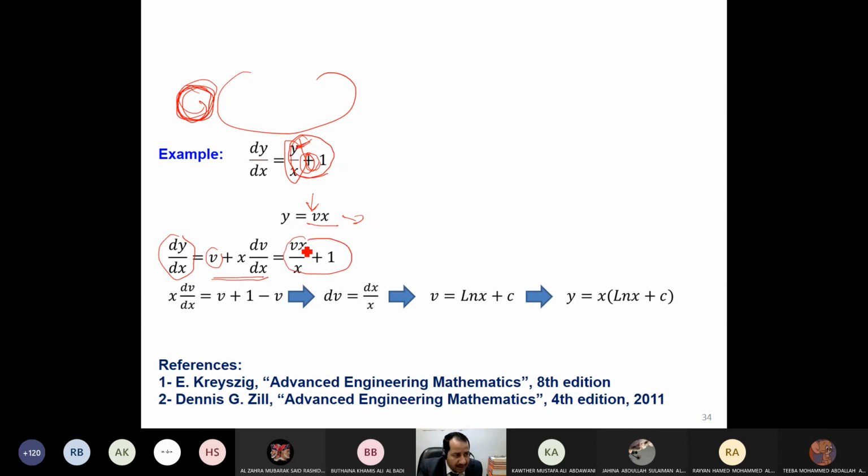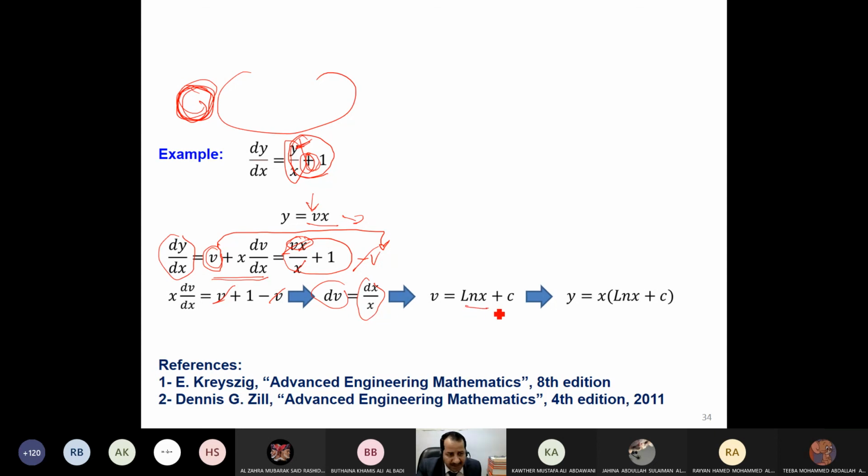Don't forget y is vx, okay? Now I will take v to the other side. It will be minus v. Don't forget x goes with x. V plus 1 minus v goes with v, as you can see here. Okay? Now cross multiply, we will have dv equals dx over x.